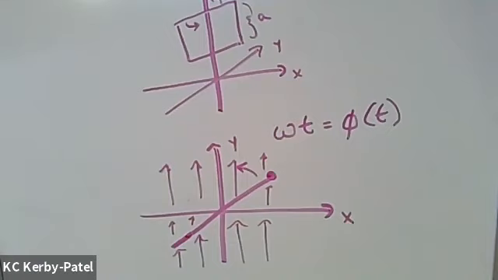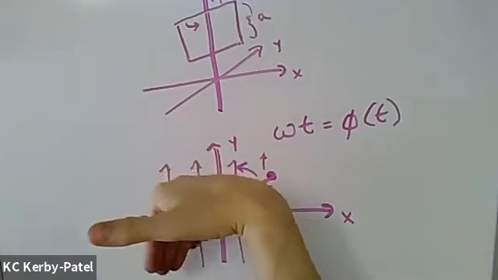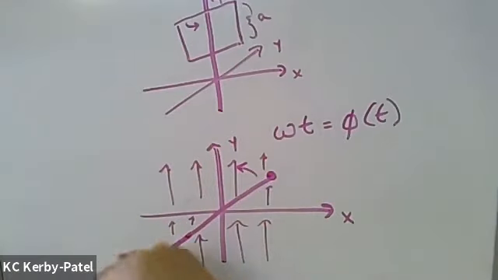There are two different ways to solve this problem. One way, you can assume that you're working from the point of view of the field and the loop is moving. Or you can assume that you're working from the point of view of the loop and the field is moving. The field is changing direction as time advances, but the loop is holding still.